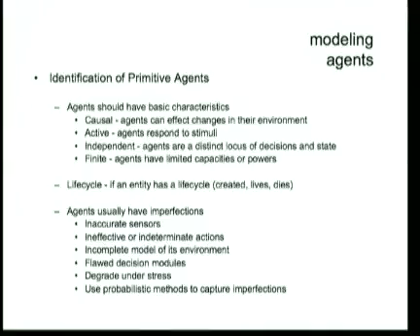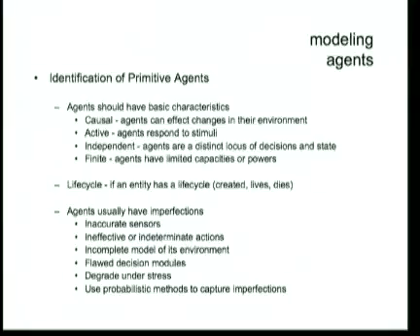And in choosing agents, we also accommodate the fact that they have imperfections. Agents generally have inaccurate sensors, they're noisy, their actions are not always effective, or their actions are indeterminate in that an action could produce one of many effects. Generally, the agents have an incomplete model of the environment.